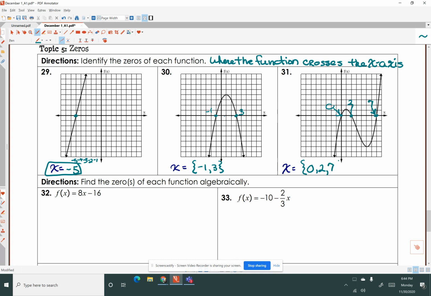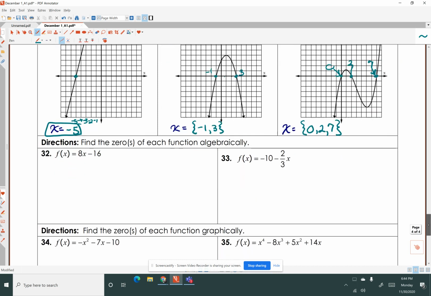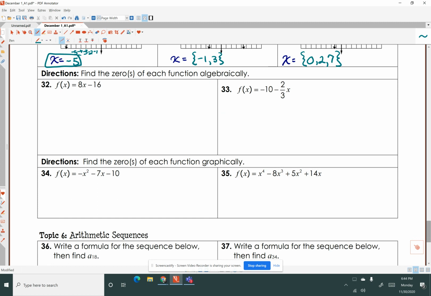So there's our 3 values, 0, 2, and 7. So next thing we're going to do, though, for number 32 and 33, we're going to find the zeros algebraically. So to do that, you set the function to 0 and solve for x.